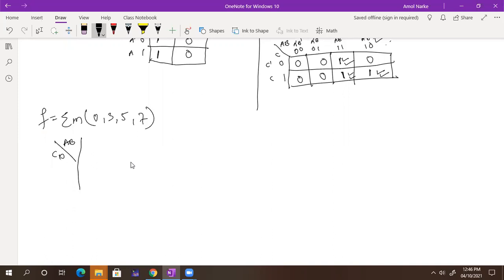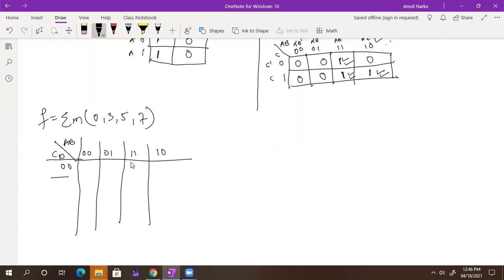Write down like that. So initially 0, 0, then 0, 1, then 1, 1, and then 1, 0. Here also we have 0, 0, then 0, 1, 1, 1, and 1, 0.